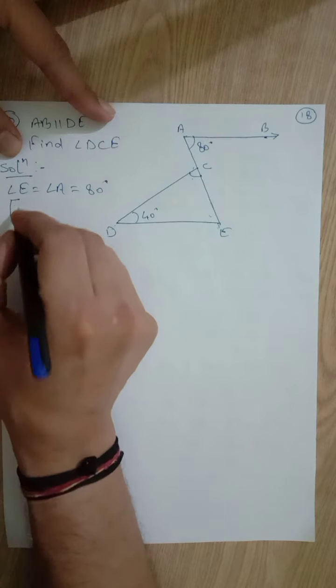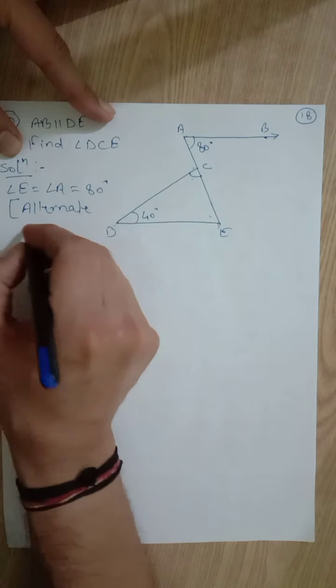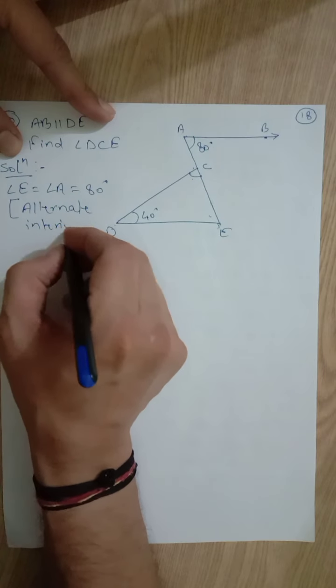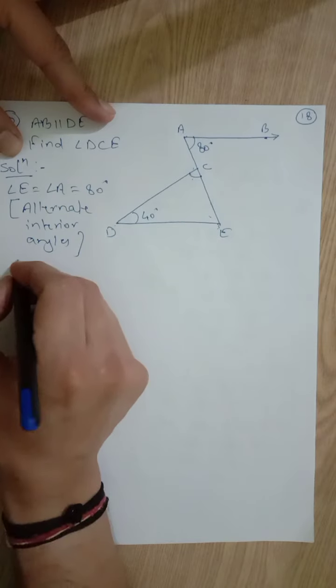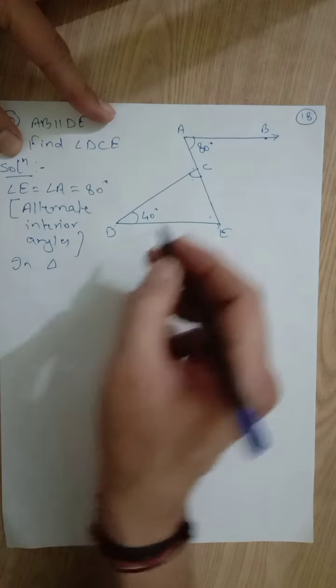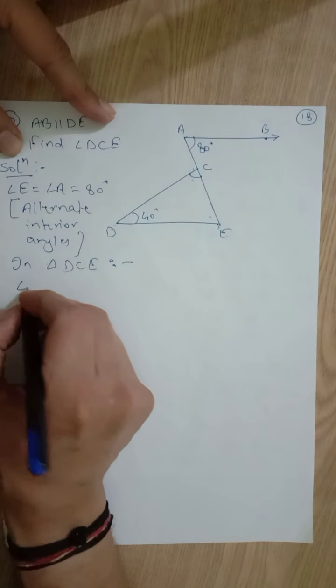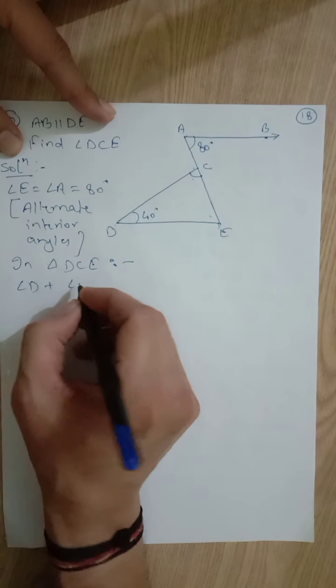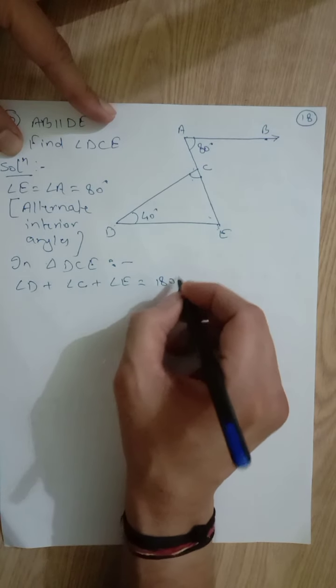Why? Alternate interior angles. Okay, now we write in triangle DCE, angle D plus angle C plus angle E will be equal to 180 degree.